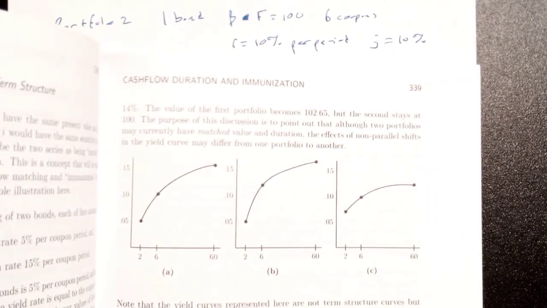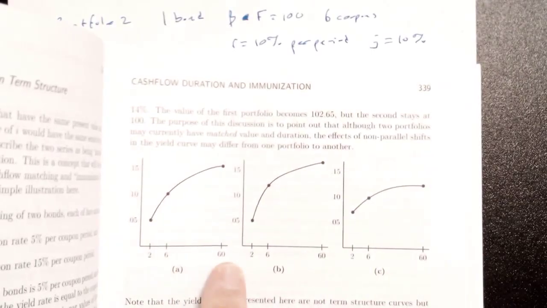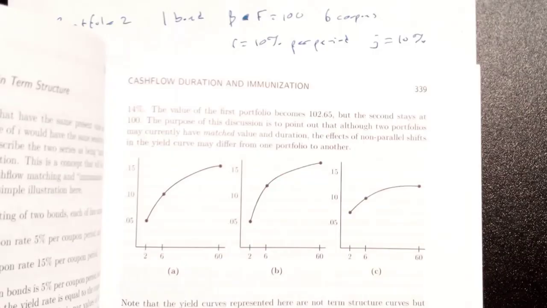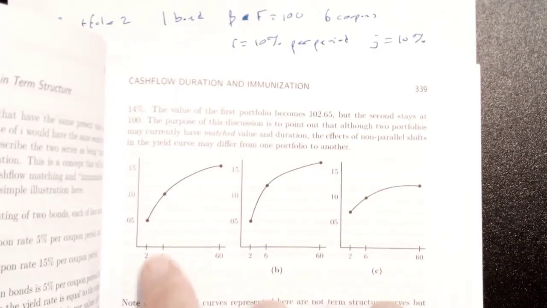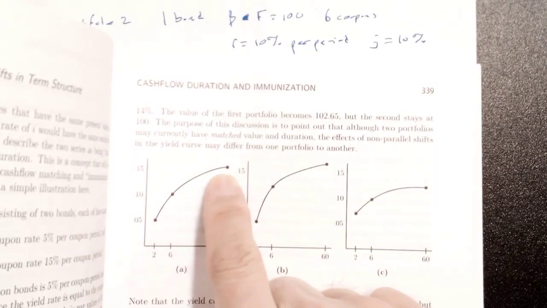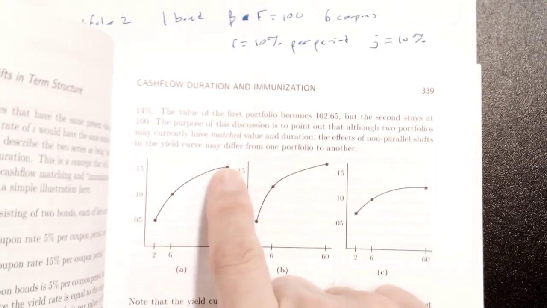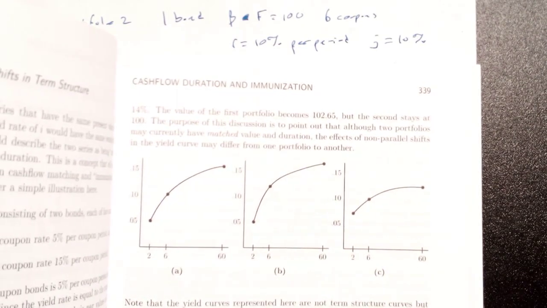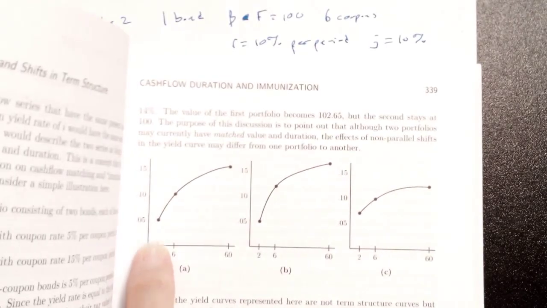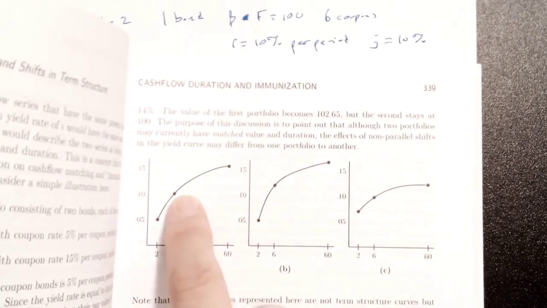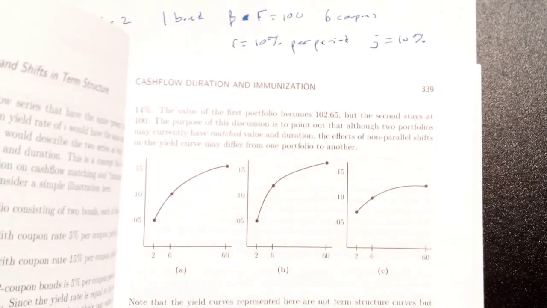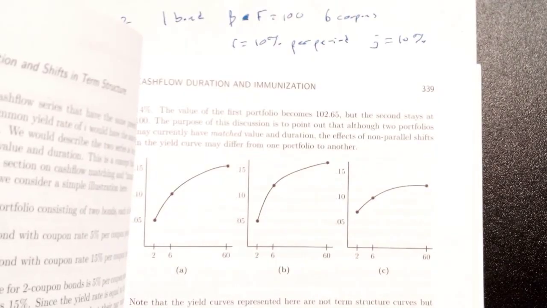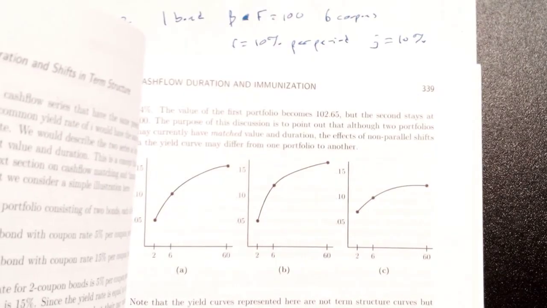Notice the x-axis here is number of periods, time. Here is our yield rate. As we said, we had 5% at 2 years, 10% at 6 years, 15% at 60 years. The curvature here comes from looking at the book value as we go forward.